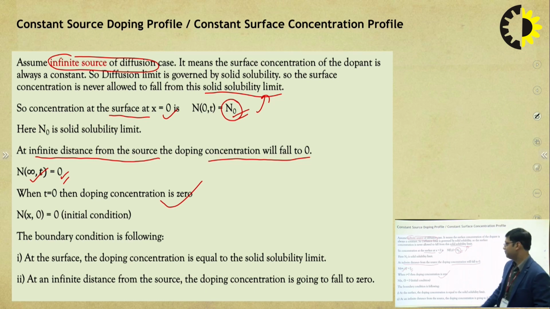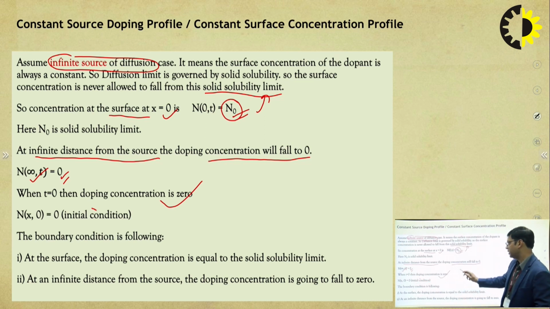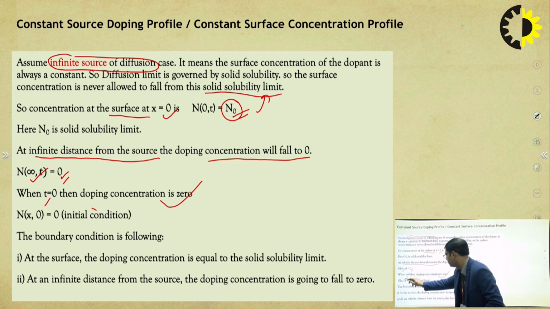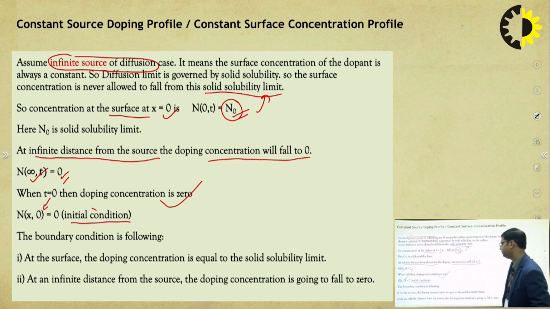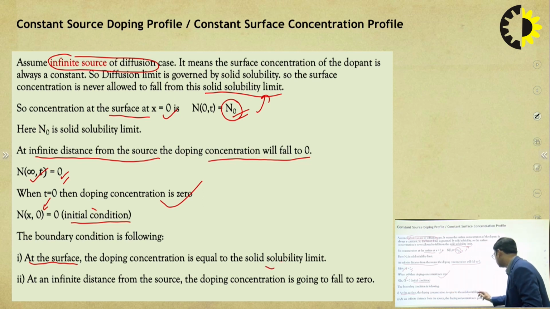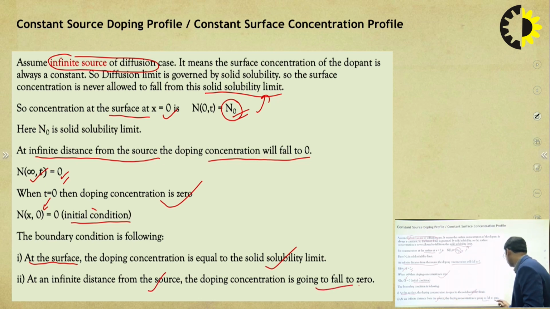Further, at time t equal to 0, the doping concentration is 0. This is the initial condition. And there are two boundary conditions: at the surface, the doping concentration is equal to the solid solubility limit, and at an infinite distance from the source, the concentration falls to 0. So there is one initial condition and two boundary conditions which are used to find the doping profile.